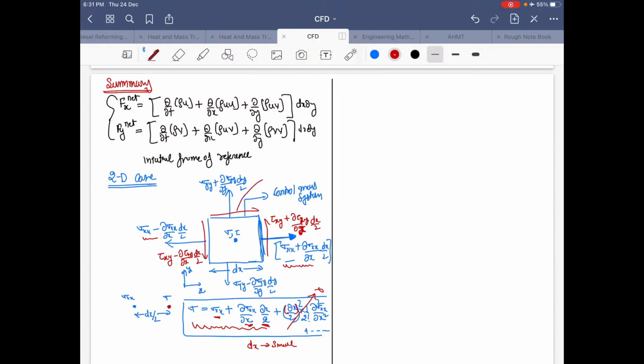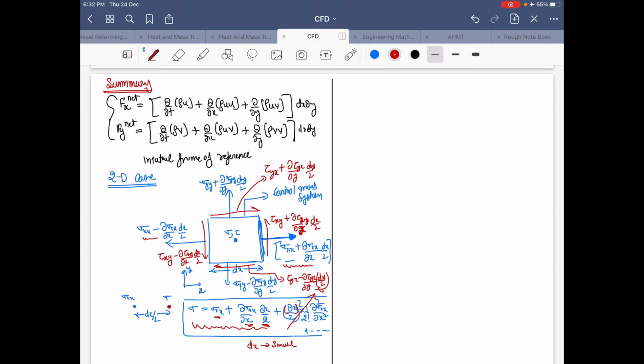Similarly here I will have tau, it is in the y plane and in the x direction, tau yx plus del tau yx by del y dy by 2, and similarly here the shear stress I will have tau yx minus del tau yx by del y dy by 2.